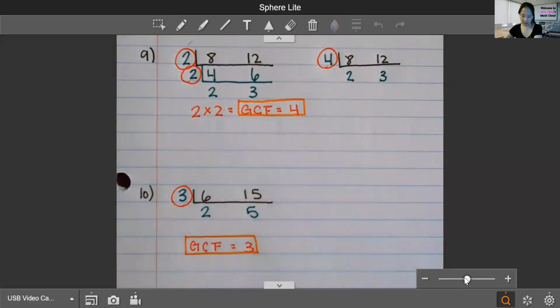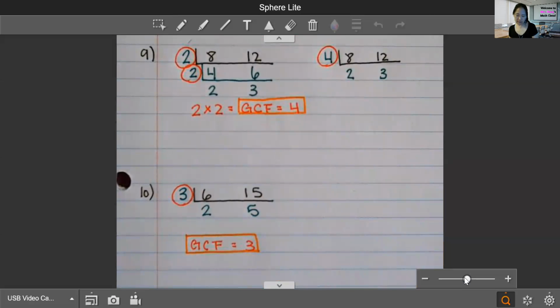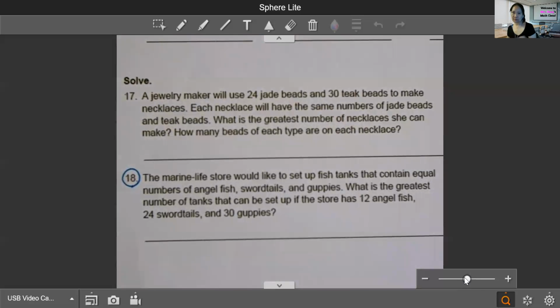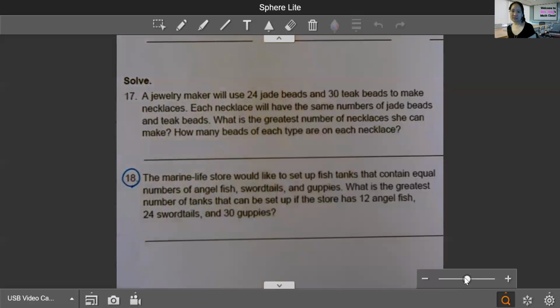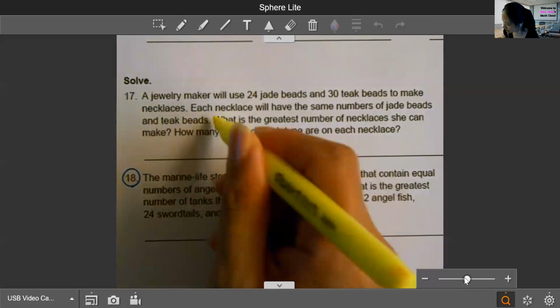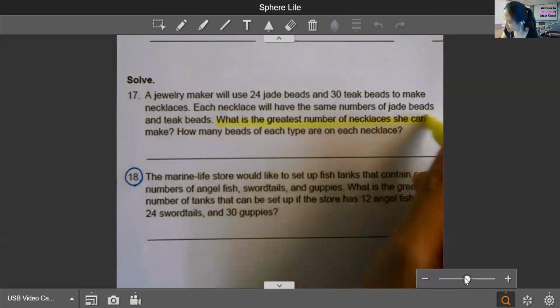Okay, all right. And then we have a couple of word problems. For number 17, be careful because it asks you 2 questions. It says, what is the greatest number of necklaces she can make?